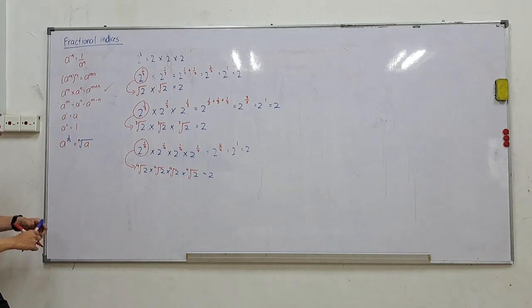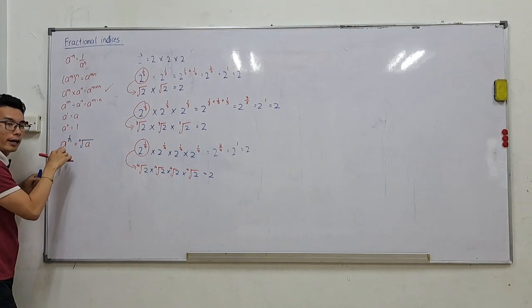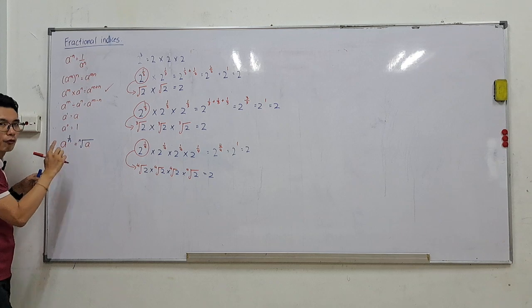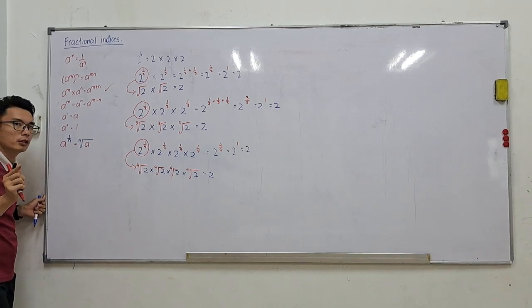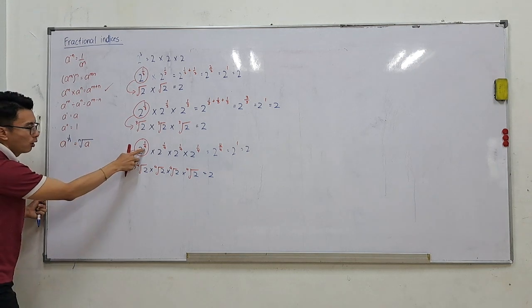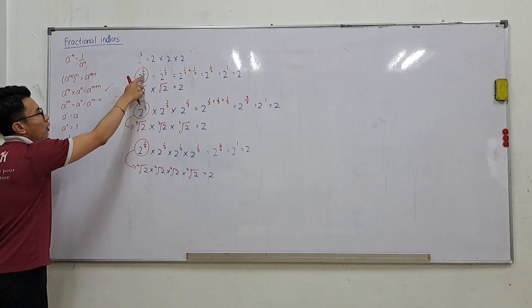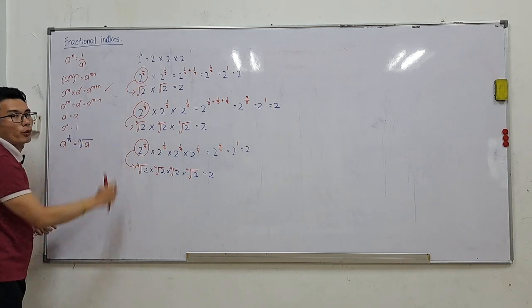So, a quick summary: when you look at a number raised to the power of a fraction, look at the denominator. The denominator tells you the root. Over 4 is the 4th root, over 3 is the cube root, and over 2 is the square root.